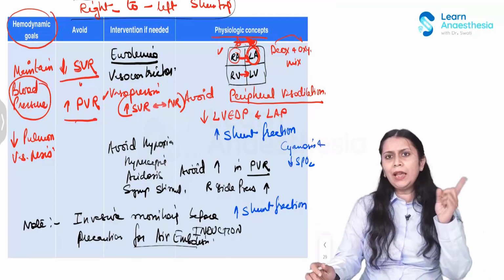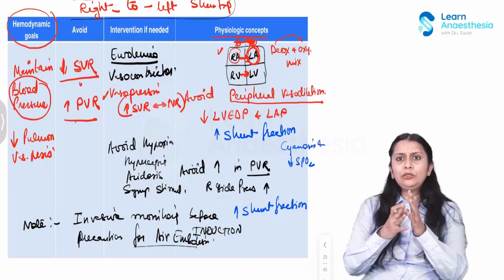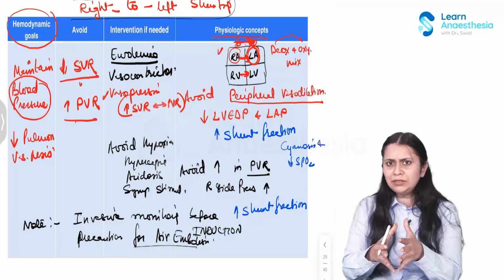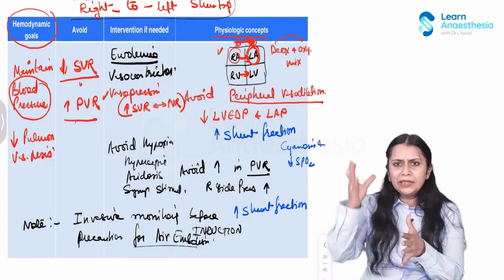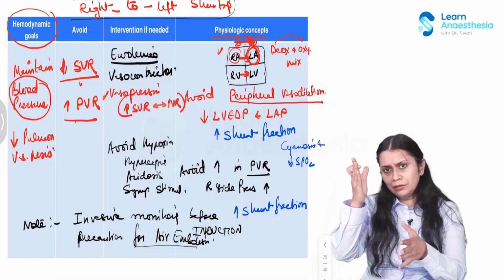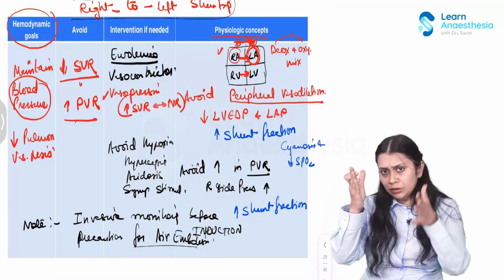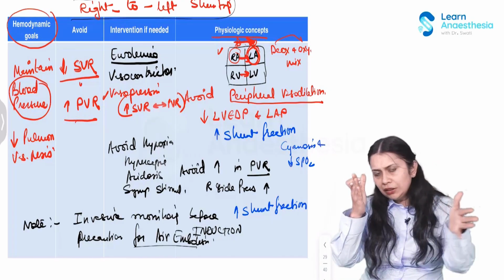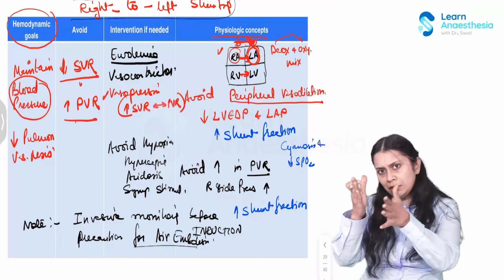So again revising, in right to left shunt, we need to prevent mixing of oxygenated and deoxygenated blood. To prevent this, we need to increase the left side pressure and decrease the right side pressure, because blood from the right side, which is deoxygenated, is going into the left side.